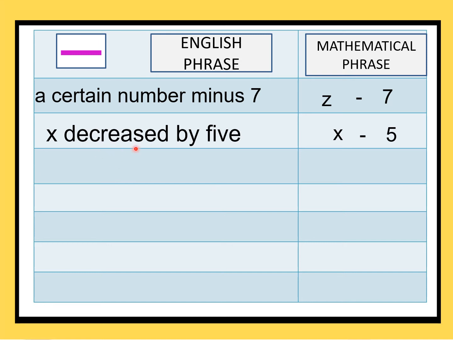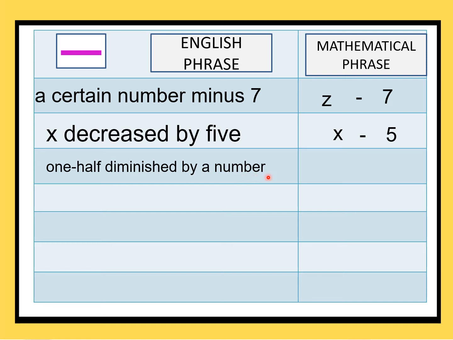Next is X decreased by 5. So, decrease ang ating keyword. So, X minus 5. Next is 1/2 diminished by a number. So, again, walang nakalagay na variable. So, magre-represent tayo, magagamit tayo ng any letter.